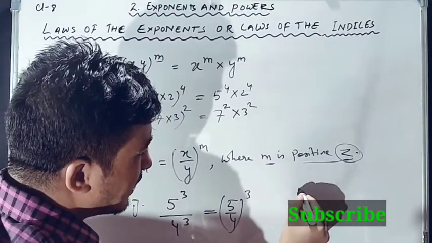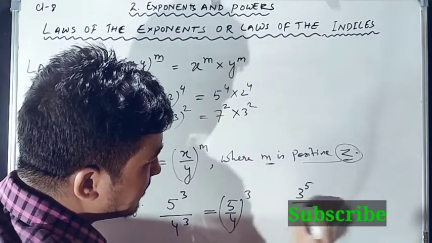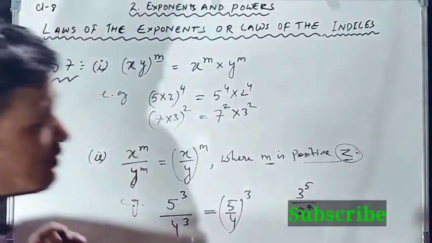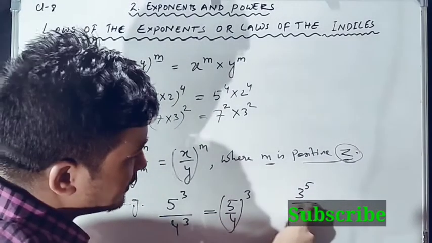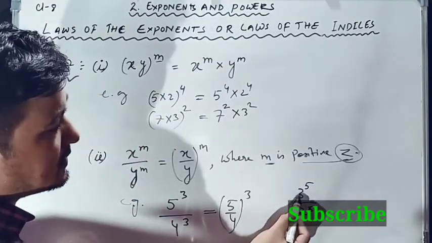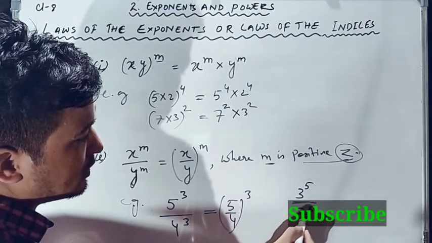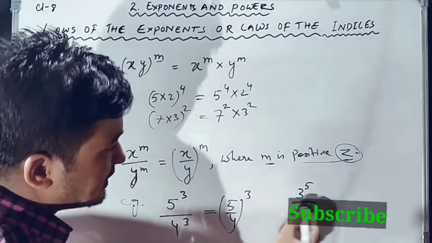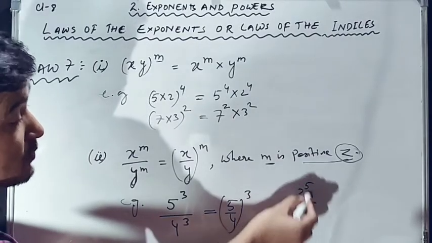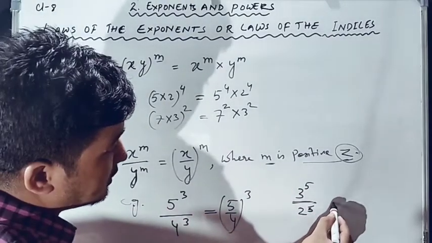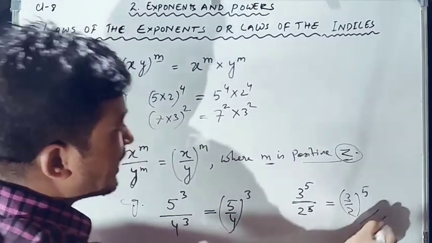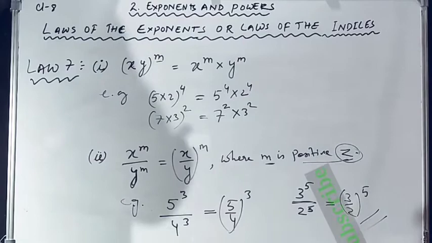Suppose I have 3 raised to the power 5 divided by 2 raised to the power 5. Here you can see our bases are different and your exponents are the same, they are in division. So simply you write 3 by 2 whole raised to the power 5. Okay, so this is our law number 7.